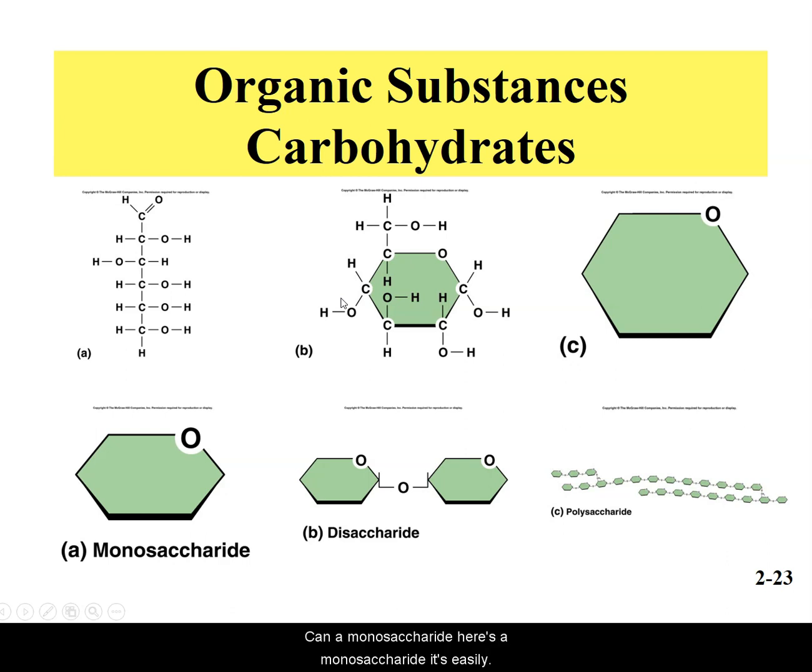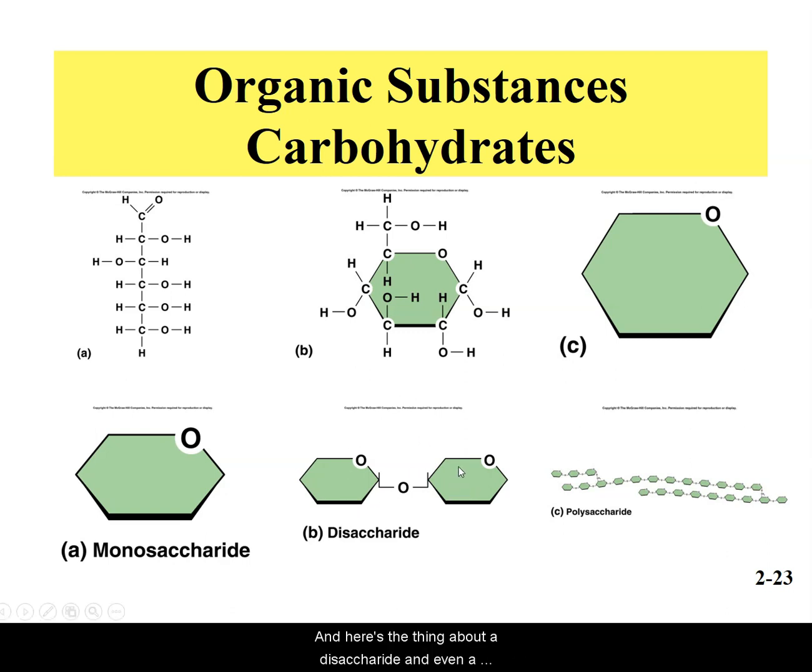Now these are structural formulas. Again, a monosaccharide, here's a monosaccharide. It has an easily broken bond, so that's carbon 6, hydrogen 12, oxygen 6, C6H12O6, a simple carbohydrate, monosaccharide. And a disaccharide requires more energy.